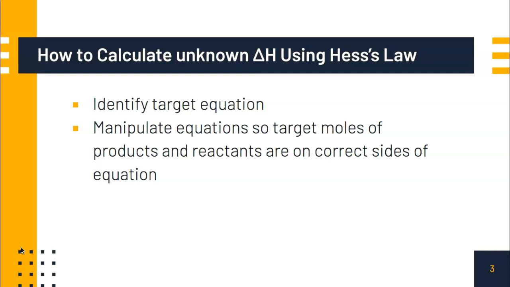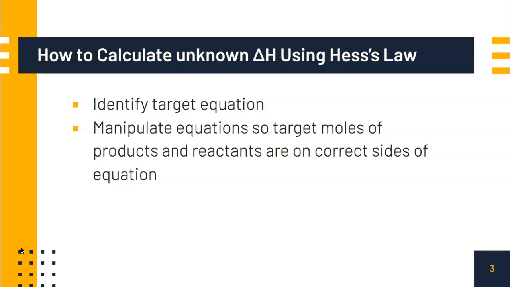Basically, we need to make sure that when we cancel out all of the unnecessary molecules, so we're looking at a target equation, which means that we're going to use the other equations for which we have changes in enthalpy, we have to cancel out all of those unnecessary substances. We have to make sure that they're on the correct sides of the reaction arrow.